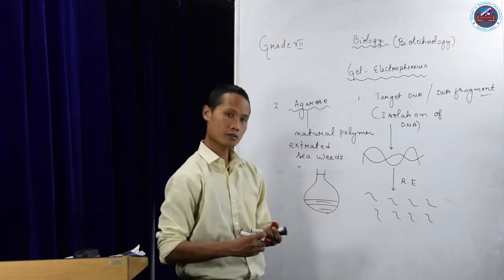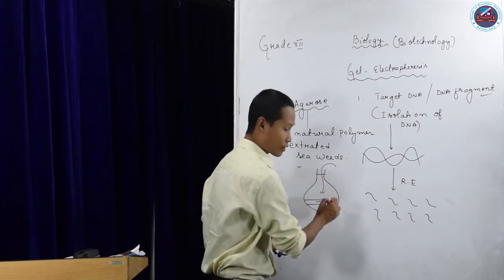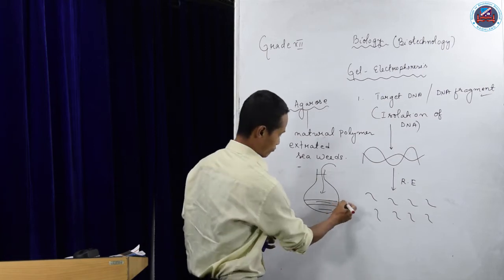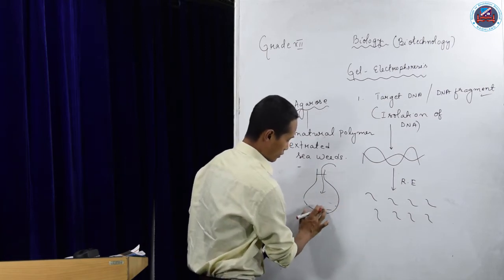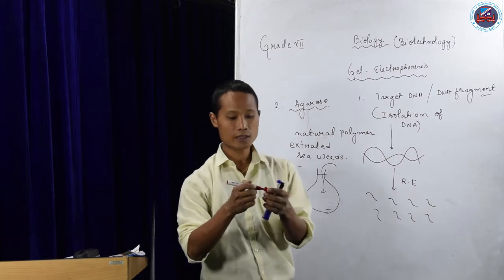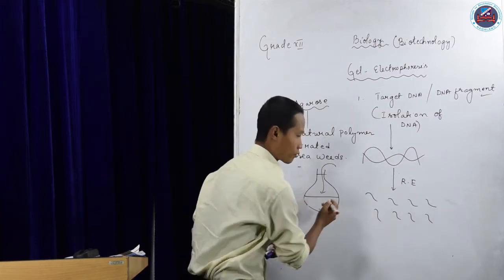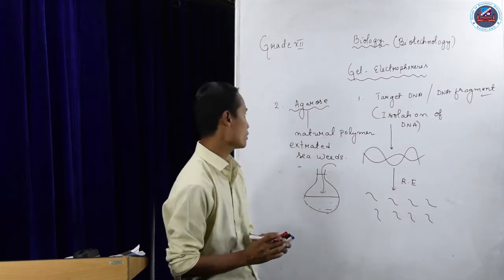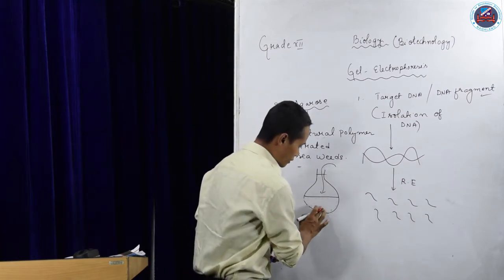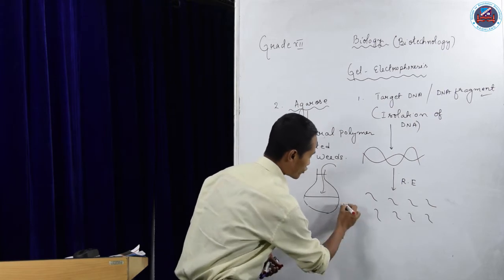Once you add agarose, you add some water or buffer, and then keep it in an oven for some time, and the solid will become a clear liquid. Then we put it in a tray.